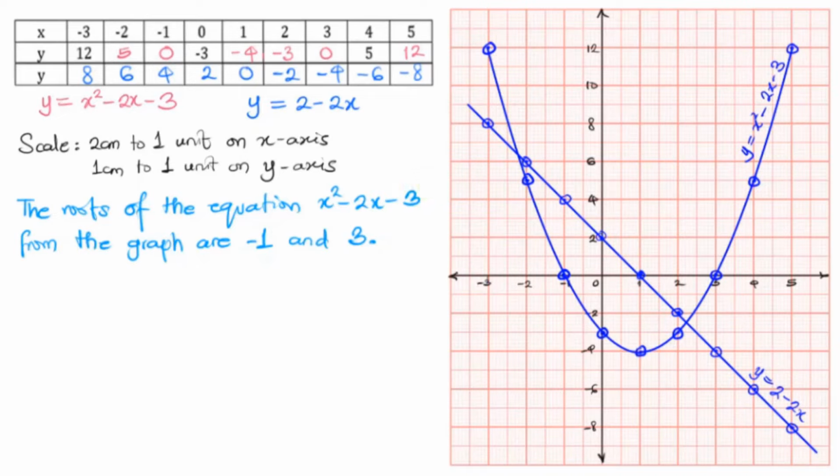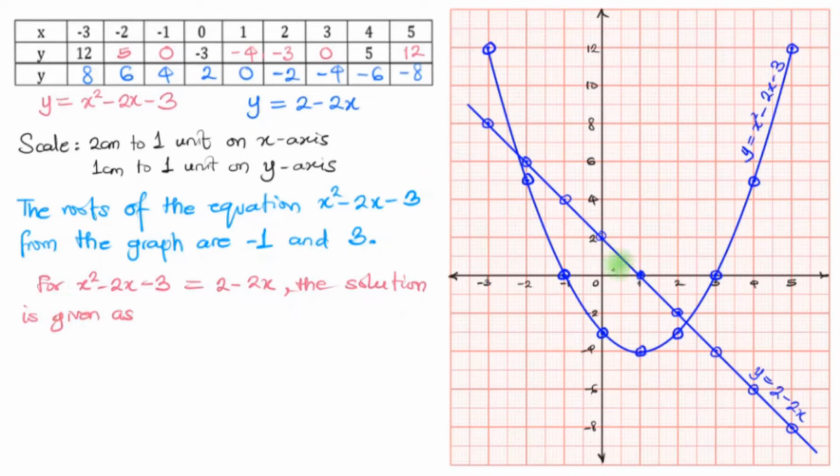Okay, so yeah, we've been able to come up with the other graph, and that is also a done deal. Next, we are asked to find the root of the equation x squared minus 2x minus 3 is equal to 2 minus 2x.